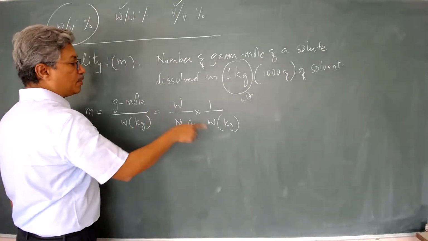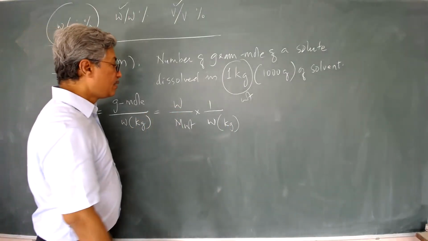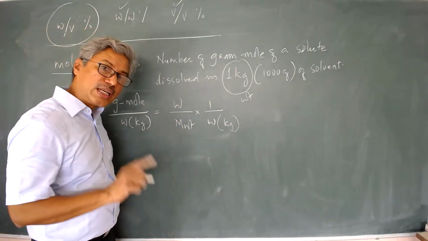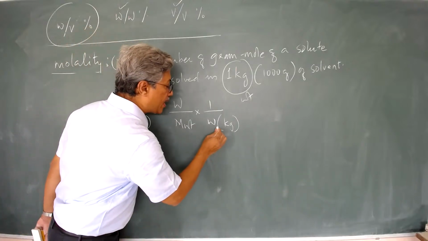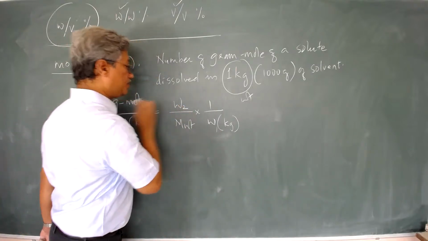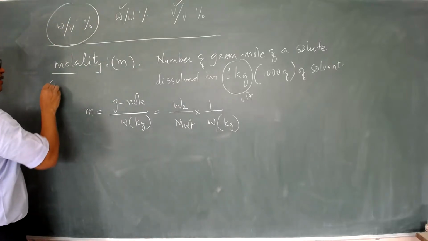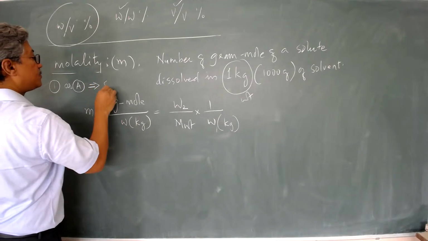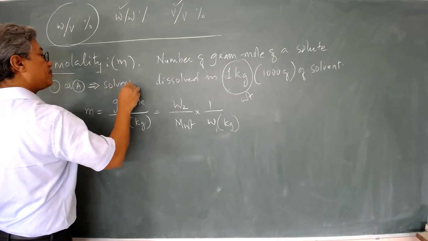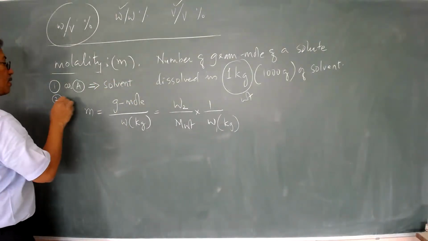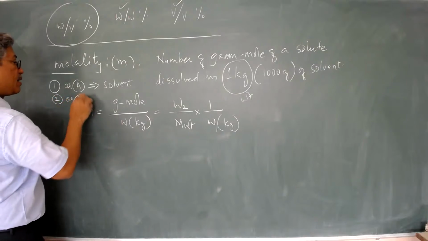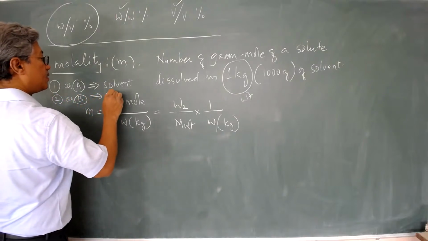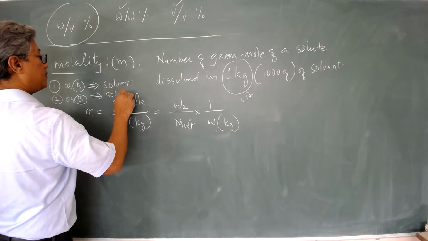See, there are two W's. Therefore, to distinguish between solute and solvent, we call this 1 and this 2. Always 1 or A indicates solvent, and 2 or B implies solute. Remember this.